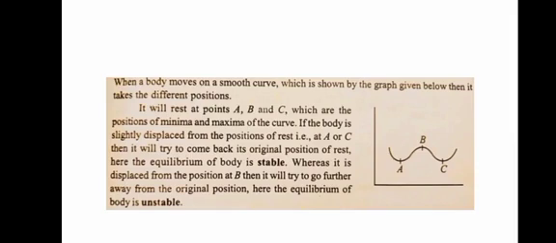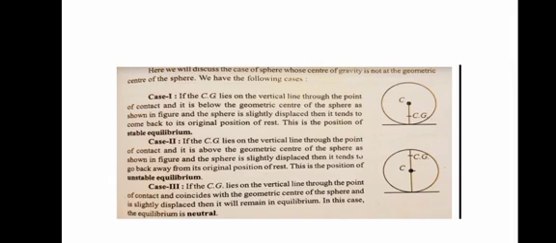If the body is slightly disturbed from the position of rest, that is at A or C, then it will try to come back to its original position of rest. Here, the equilibrium of the body is stable. However, if it is displaced from the position at B, then it will try to go further away from the original position. Here, the equilibrium of the body is unstable.